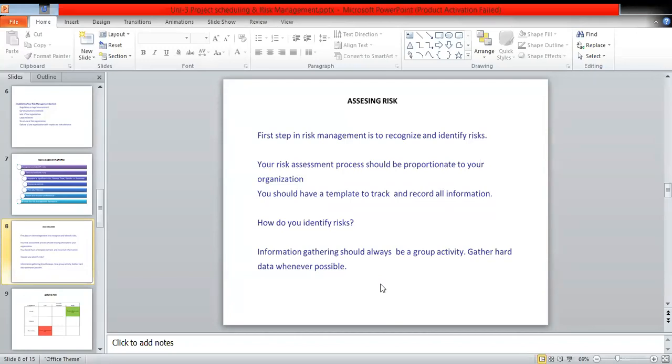Here, your risk assessment process should be proportionate to your organization. So for an organization, a company, a corporate, whatever the risks you have been given, proportionate. It doesn't matter that all the work has been given to you. Proportion: if he is an accountant, then accounts work; if a project manager, then project management work, whatever the work. Now, you should have a template to track and record all information.